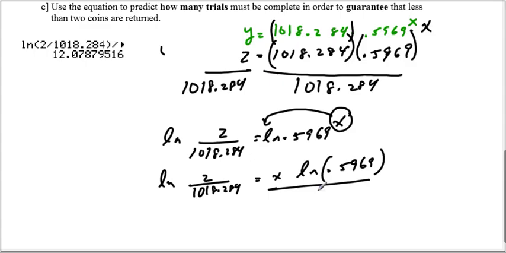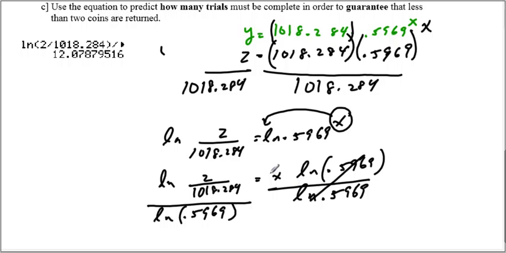Now, we're going to divide by the ln 0.5969. And that cancels this. So we're left with just x here. So this right side, we're just left with an x.